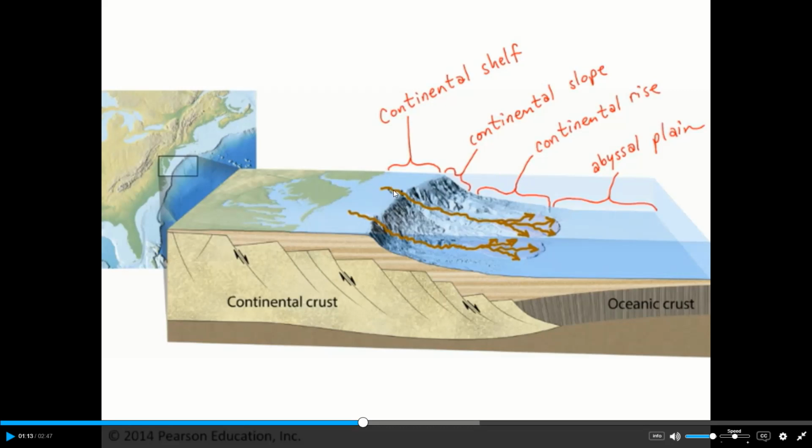So these submarine canyons are very deep, steep-sided valleys in the continental slope, and they may extend all the way across the continental rise out into the abyssal plain. And they have been basically excavated by these turbidity currents.